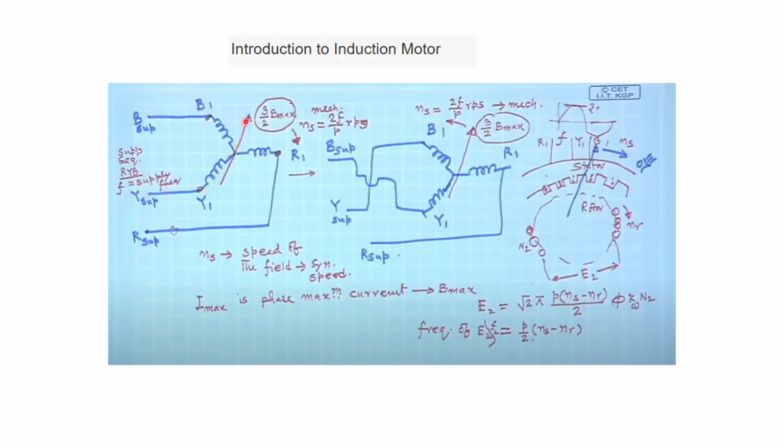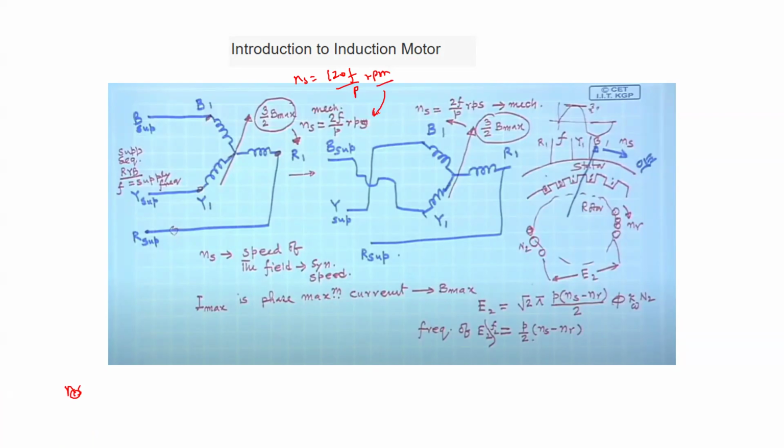The rotating magnetic field will be produced, which will have a peak of 3 by 2 B max, and it is rotating at a speed of 2f by P rps, and in rpm it is the very famous expression: Ns is 2f by P rps, and Ns is also 120 f by P rpm.